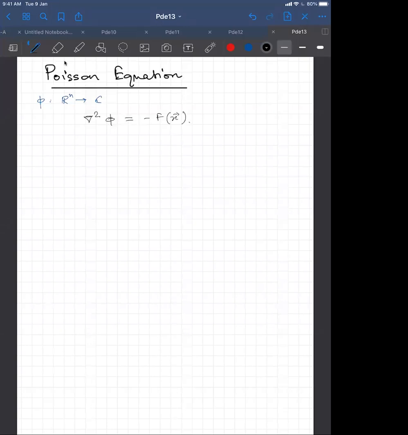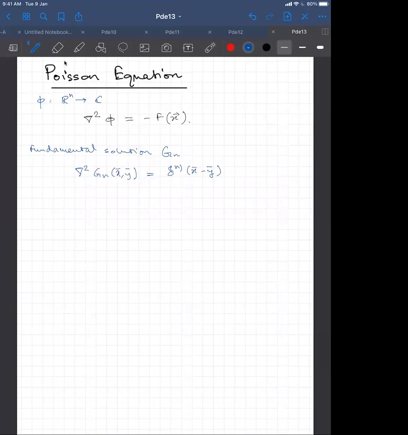Now the fundamental solution, let's call this Gn, to the Poisson equation in n dimensions is defined to be the solution of the problem del squared Gn(x, y) equals delta n (x minus y), where you choose your forcing term to be this n-dimensional delta function.